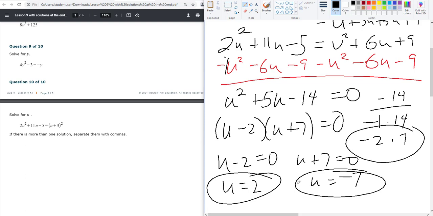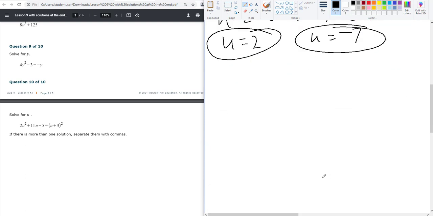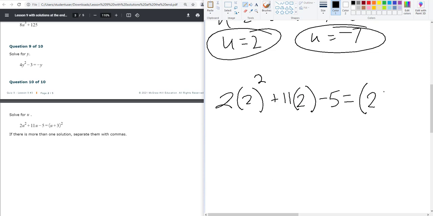Now let's go ahead and check those just to be sure. So I'm going to check 2 first. 2 times 2 squared plus 11 times 2 minus 5 is supposed to be 2 plus 3 squared. Well, the right side is just 5 squared, which is 25.